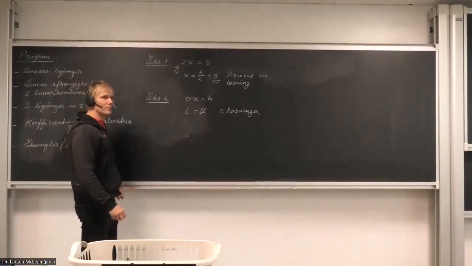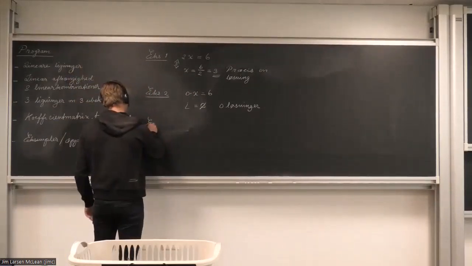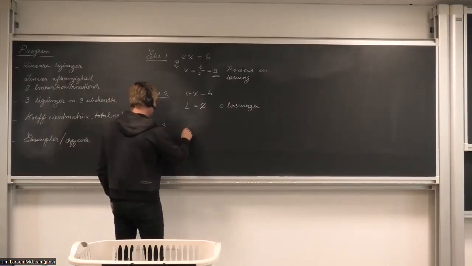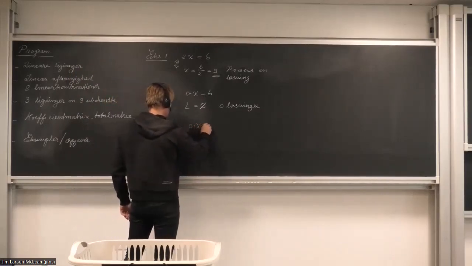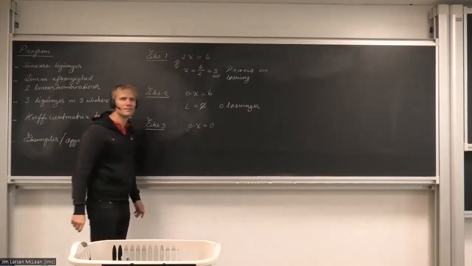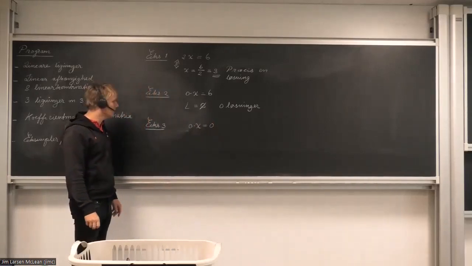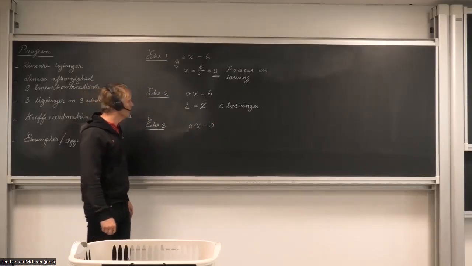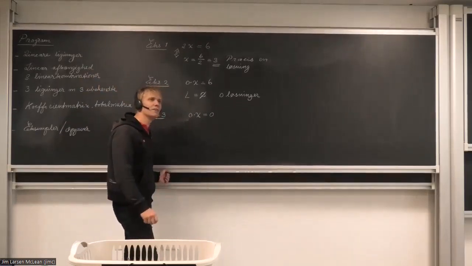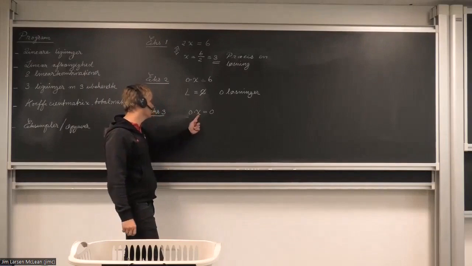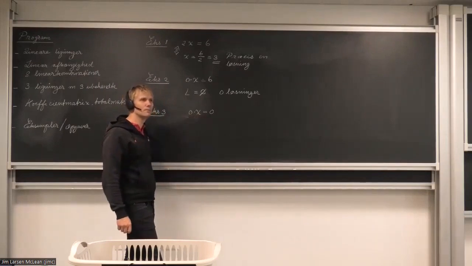Here comes another example. What if I have an equation that says 0x equals 0? So now I'm looking for a number that, when multiplied by 0, gives 0. That was a nice and easy task, because all numbers work. No matter what number I put in the placeholder, when I multiply by 0, I get 0.